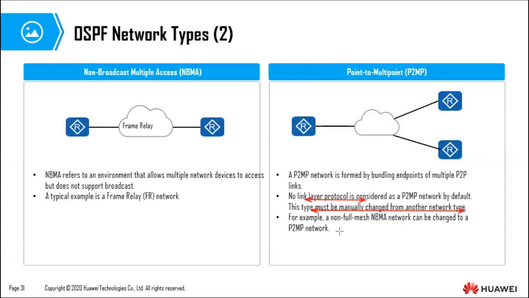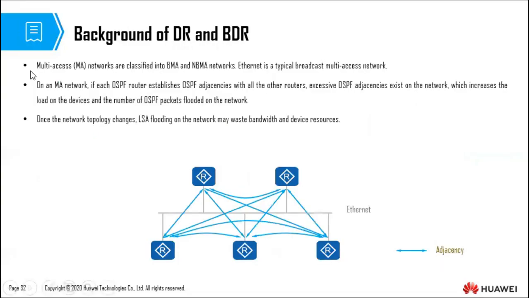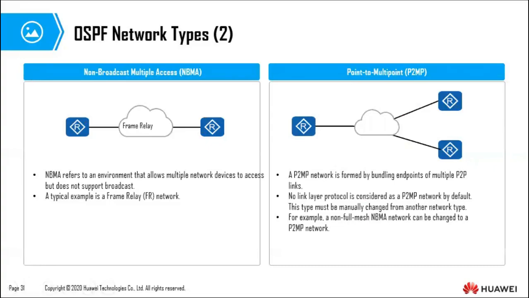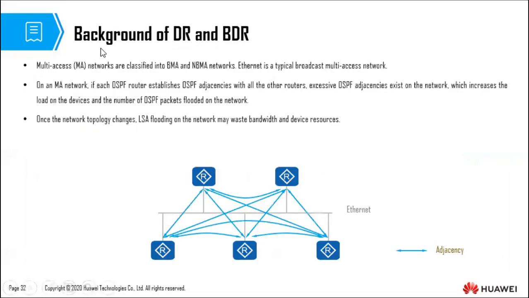You have to manually configure it. Okay, so those are the 4 network types. Later on, I'll tell you where elections occur and where elections don't occur in each of those network types. Actually, it's not far from now.